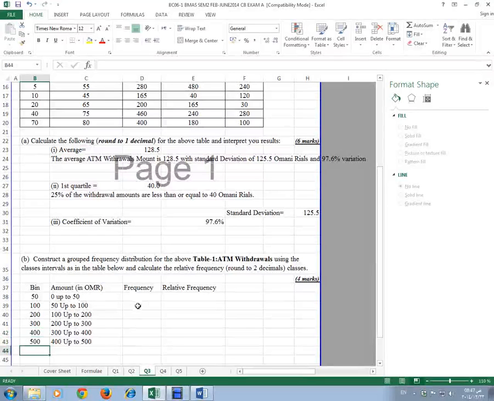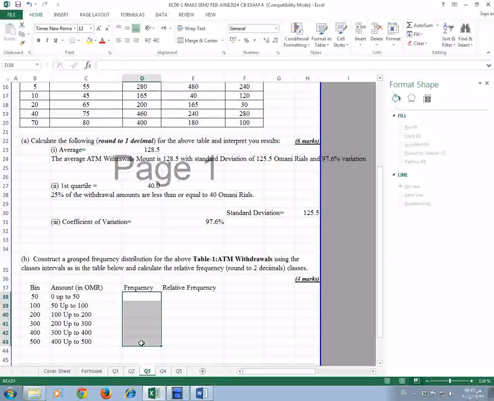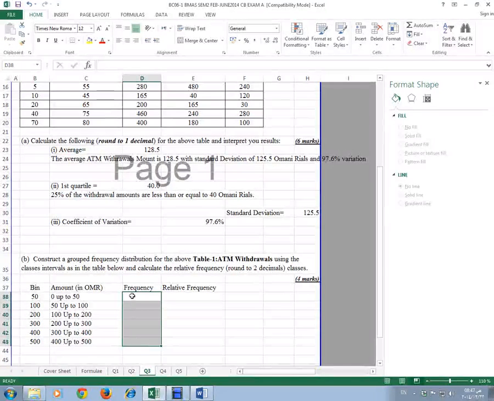Now we want to calculate the frequency. Calculating the frequency, you need to highlight the whole place for the frequency. That means we want to know how many here, how many here, how many here. It is very important to highlight the whole area and then write the function. The Excel function for finding the frequency is also frequency.